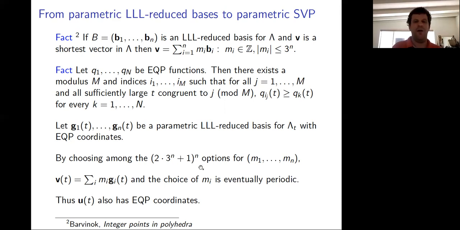So I only have this number of options for all of the coordinates together. Each one of them gives me an eventual quasi-polynomial. But then by the second fact, the choice among all these options is going to be eventually periodic. And an eventually periodic choice between EQP functions is again EQP. So this is the shortest vector.